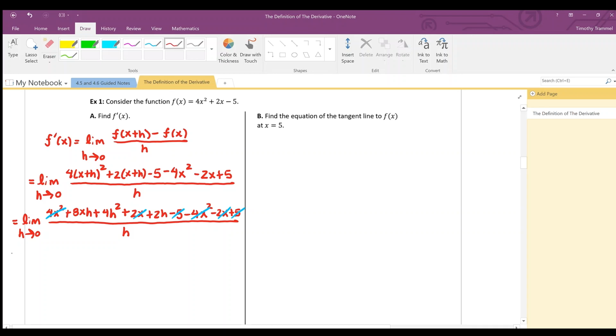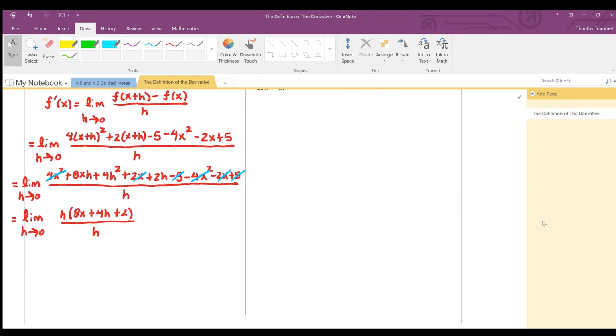This leaves us with the limit as h goes to 0. And before I write it down, notice all 3 of those terms have an h in them. I'm going to factor that h out while we're at it. So we have 8x plus 4h plus 2, and then that's all over h.